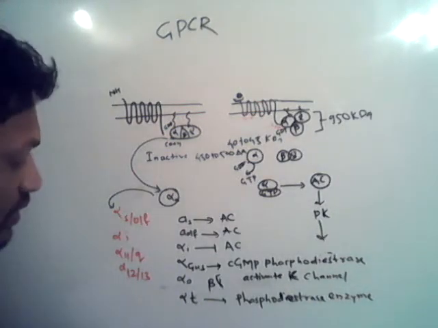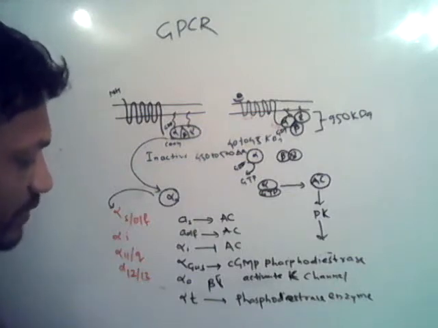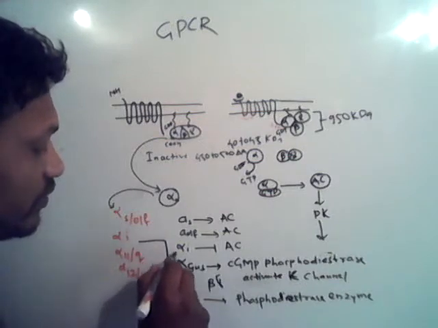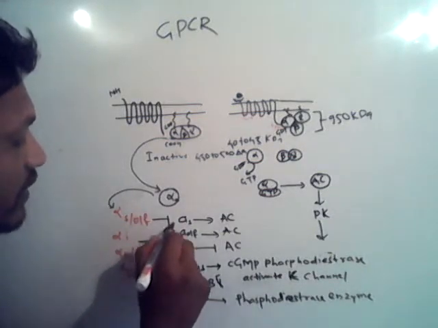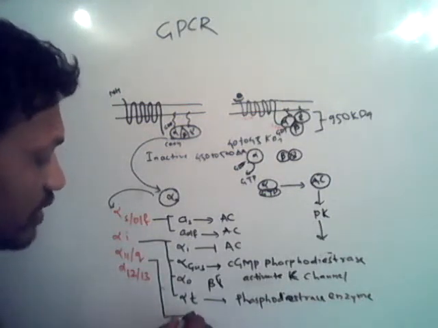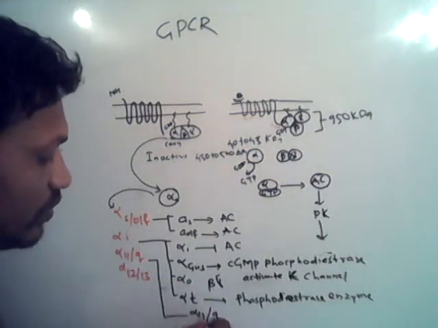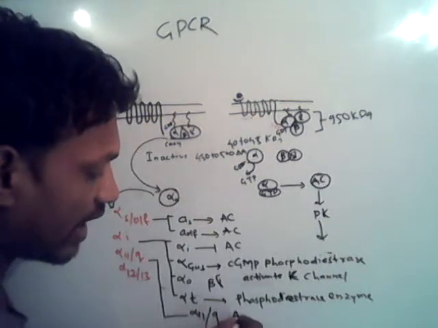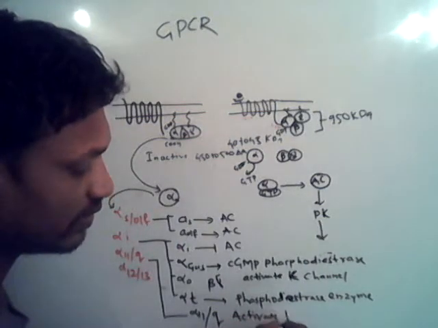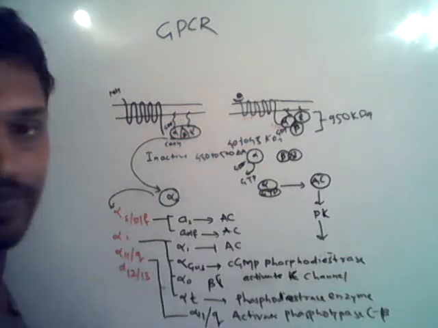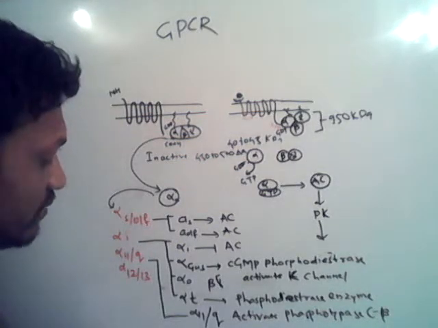There are so many types; this is a type of alpha I and this is a type of alpha S and alpha OLF. Now in the case of alpha 11 or Q, in both these cases it activates phospholipase C beta.